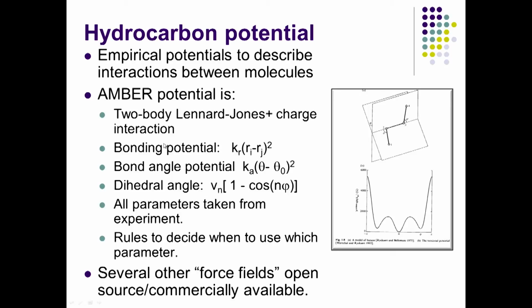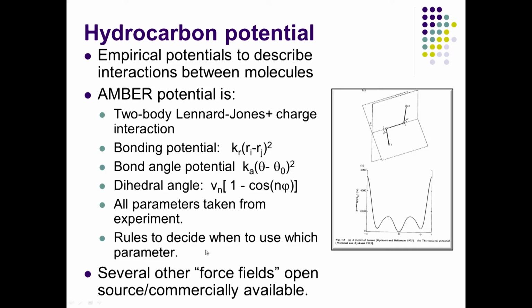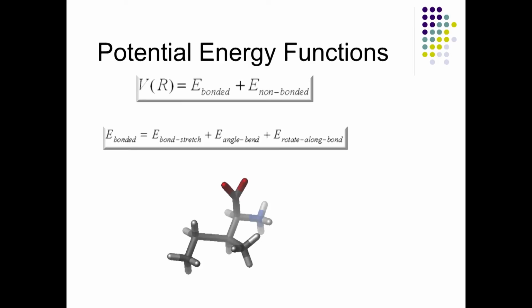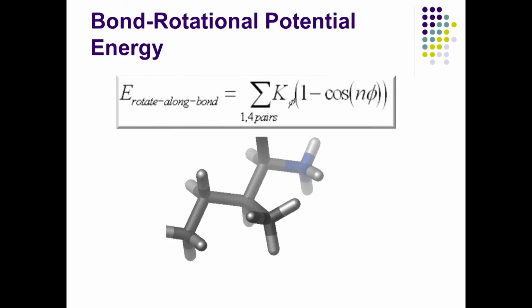If you look at a commercial package like Amber, you can see all of these things have to be defined, and with that you are able to sample the potential energy surface as you see in the picture here. Now we are looking at bond rotation potentials, and you can see the rotation. These rotations are happening with the different pair 1, 2, 3, 4 that we looked at, and rotate along the bond.